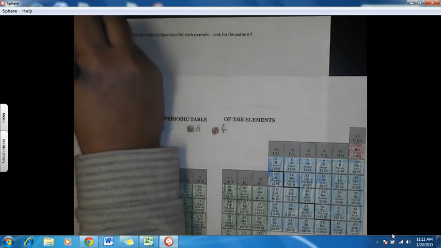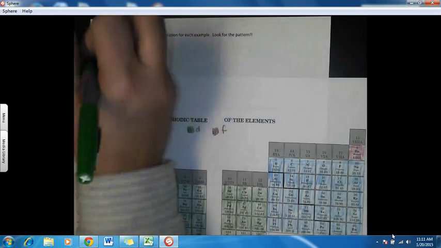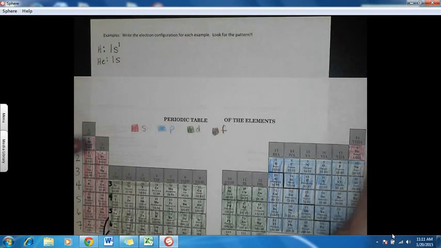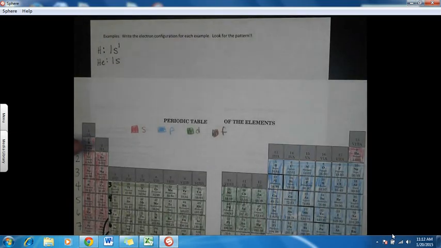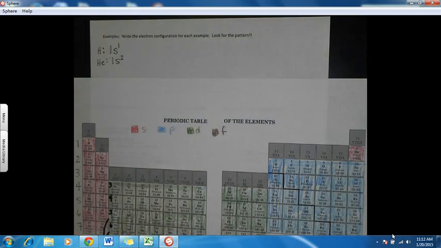Next we would have helium. Helium, still in the first energy level, still the S sublevel, except that helium has 2 electrons in that sublevel. Now the S is maxed out, right? The 1s is maxed out.